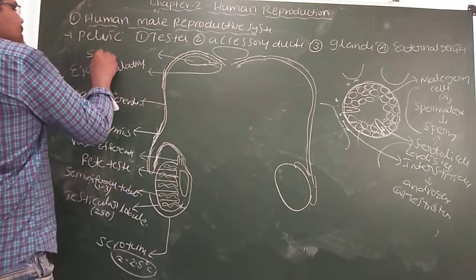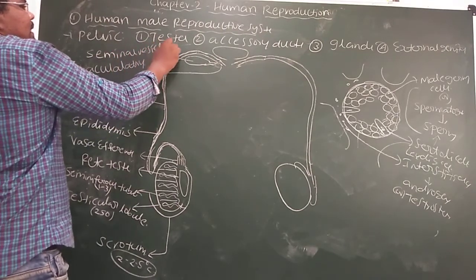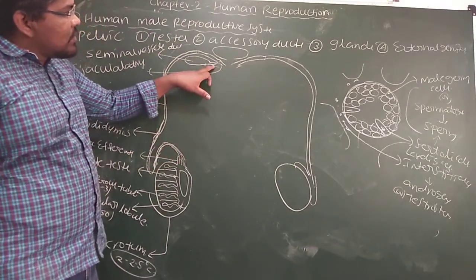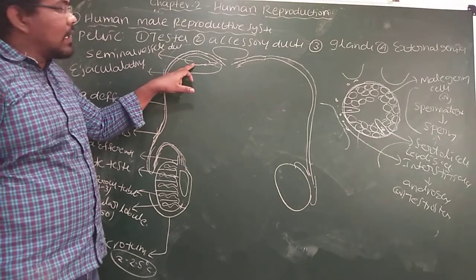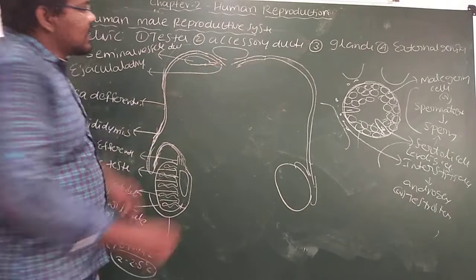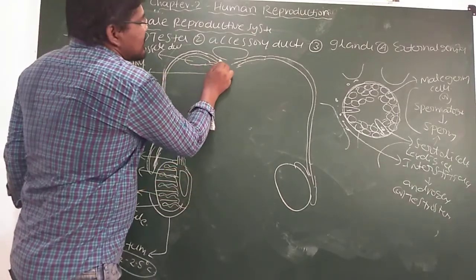By mixing with the seminal vesicle duct. See once again, vasa deferentia receive the duct from seminal vesicle. This is the seminal vesicle. It is one gland, a reproductive gland. The vasa deferentia receive the seminal vesicle duct and become an ejaculatory duct. This one is an ejaculatory duct.